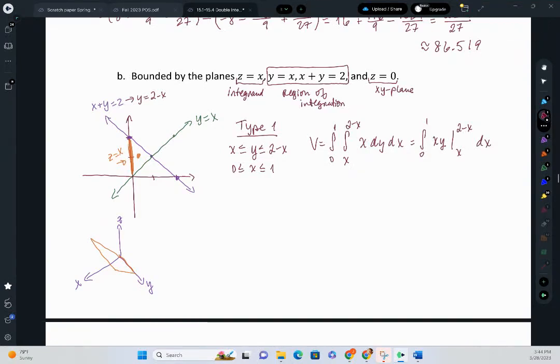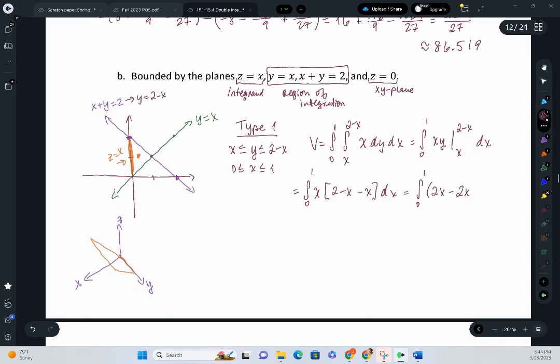I'll evaluate that at those bounds. So this is the integral from 0 to 1 of x times y evaluated at 2 minus x minus the evaluation at x dx. Combine like terms and distribute. The integral from 0 to 1 of 2x minus 2x squared dx.